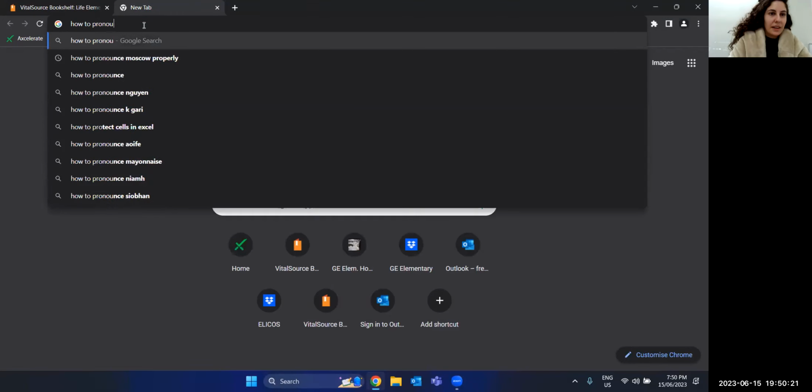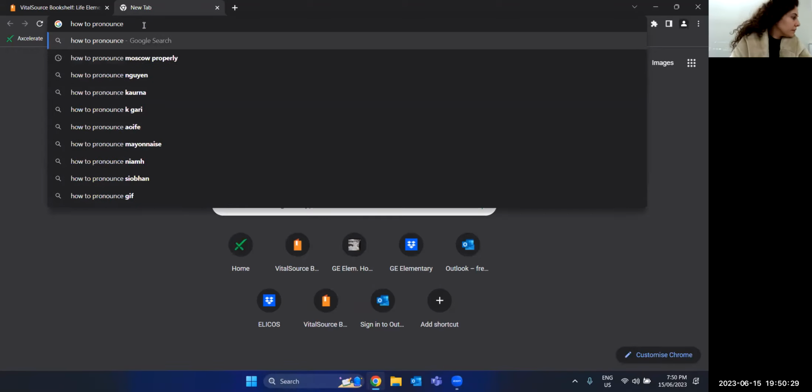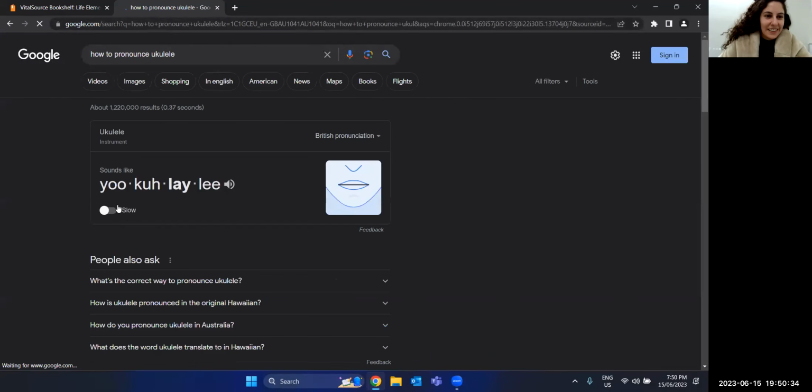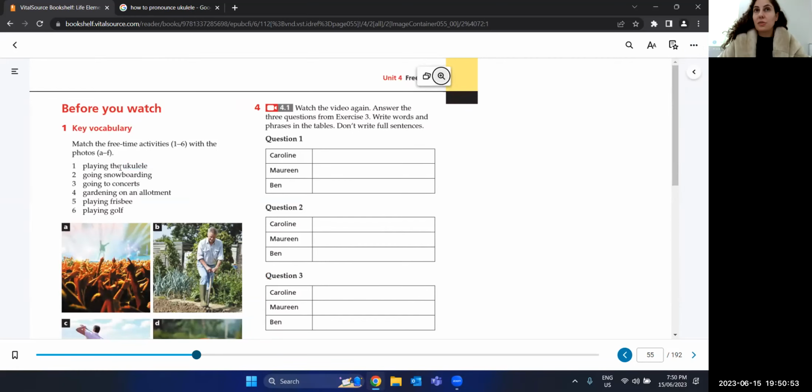Ukulele. When we say playing, I can already think it's maybe an instrument, because we play the piano, we play the guitar, we play the drums.